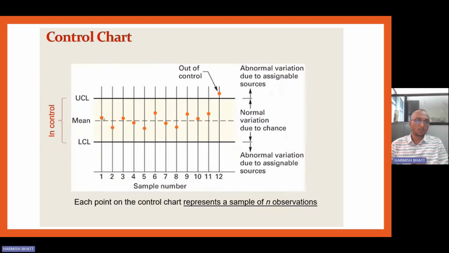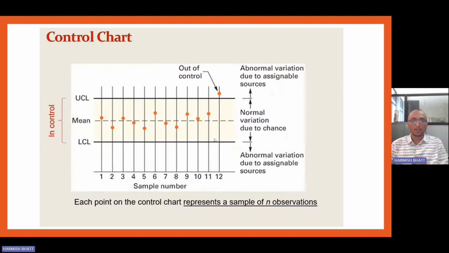So this first orange point on the leftmost side shows the mean value of a particular physical quantity for all the items of lot 1, or sample 1. In the same way for sample 2, n items will be there, the measurement will be done for a particular physical quantity, and then its mean value will be plotted over here.